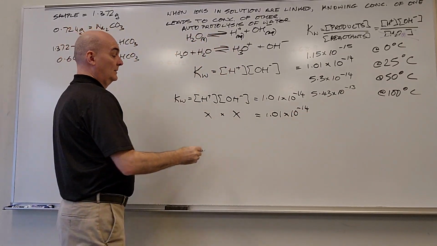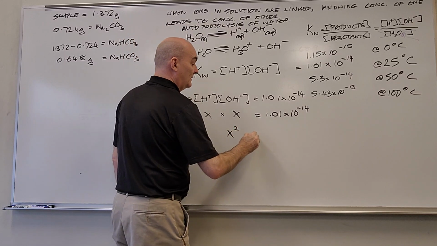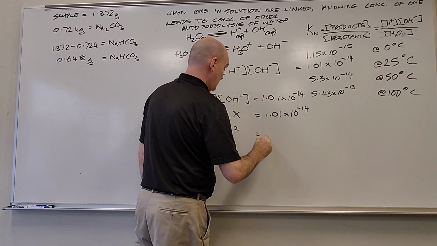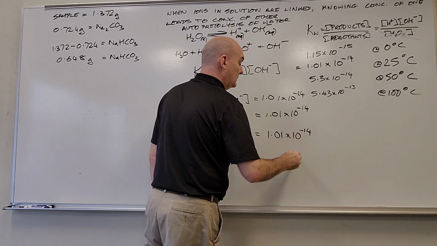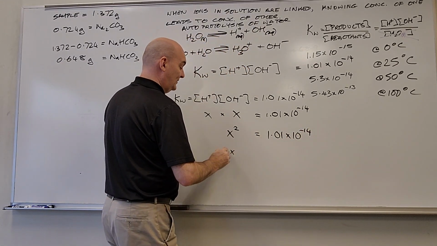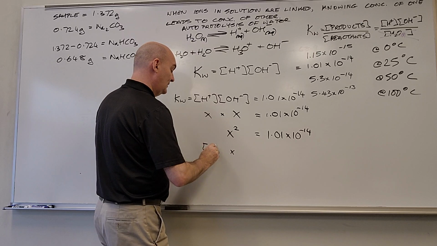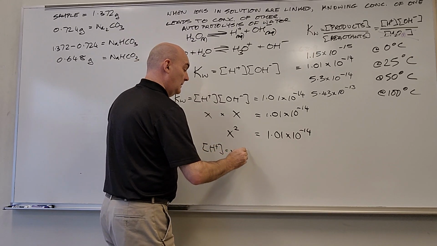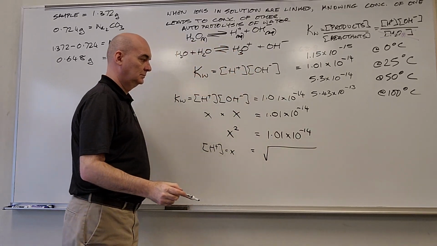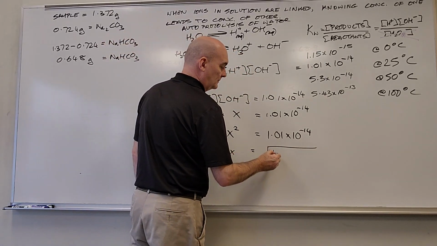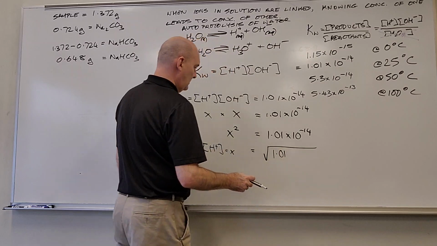So x squared is 1.01 times 10 to the negative 14. So x, which is the concentration of H plus, is equal to the root.